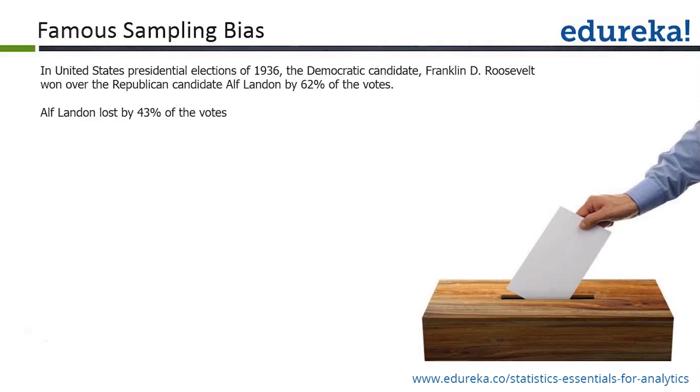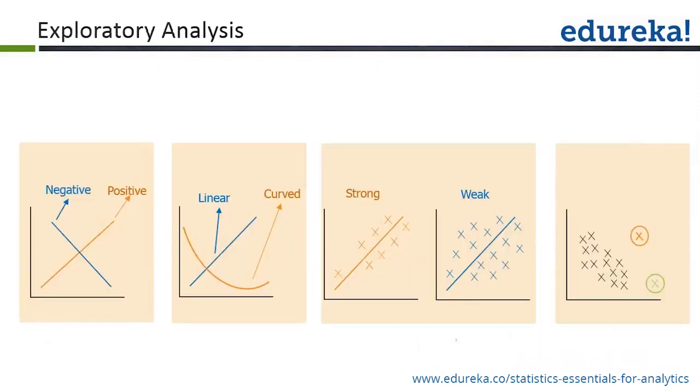So assume that you have done a proper sampling and so on, and the sample was really representative in nature, and now you want to think about how to go about playing with this data. So I'll be taking you through some simple concepts.